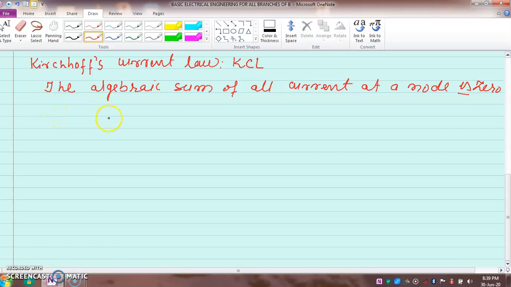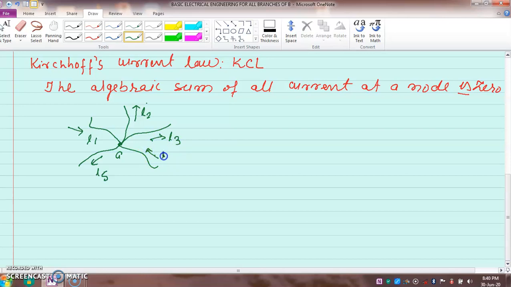Now I am defining what is a node. Suppose this is point A. Here current I1 is inside, I5 is outside, I2 is outside, I3 is outside, and I4 is inside.